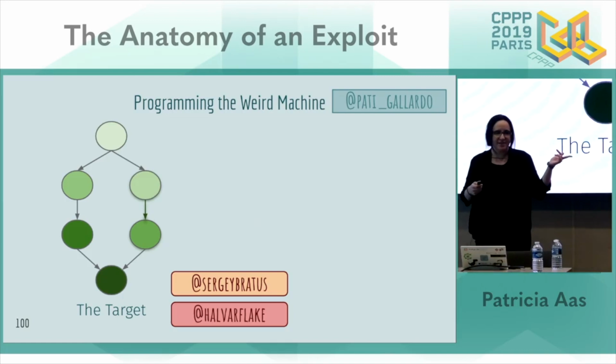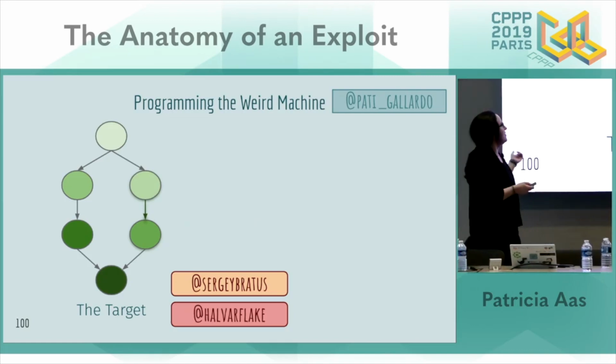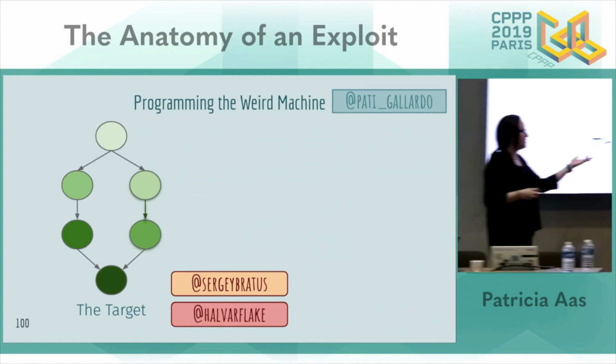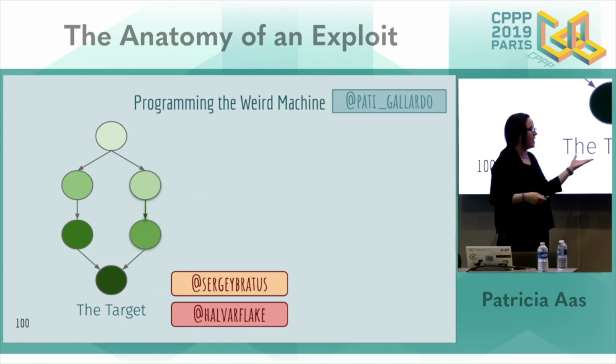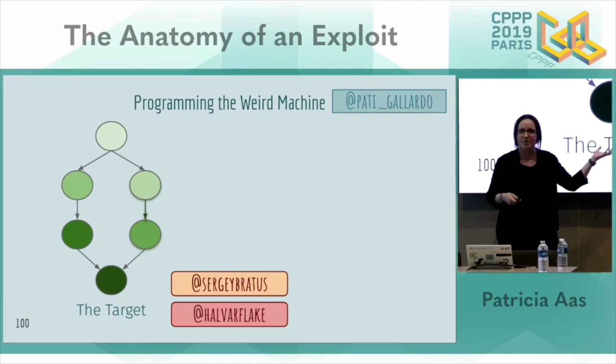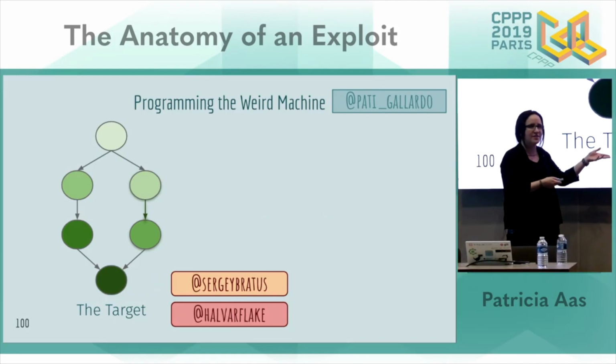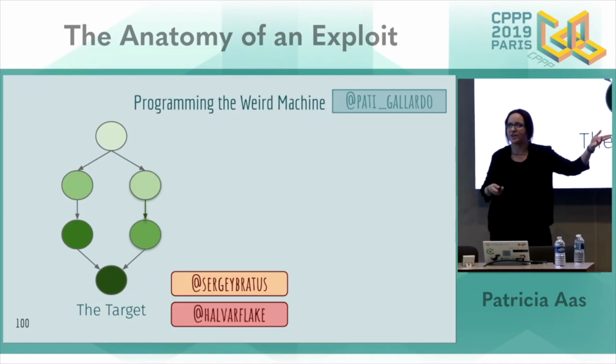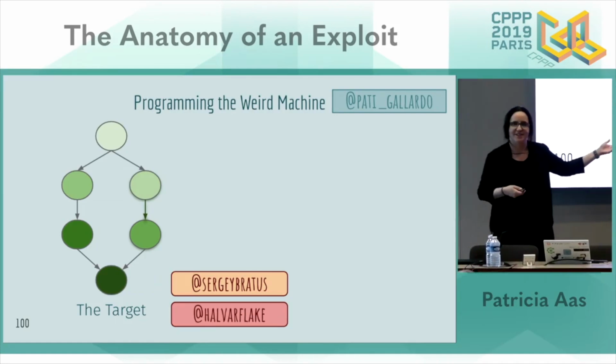So coming back to this diagram though, this weird machine. The mental model that the programmer has of the program is the mental model of a healthy program, a program that has not been exploited or has any vulnerabilities. But we all know that our programs do have bugs, right?